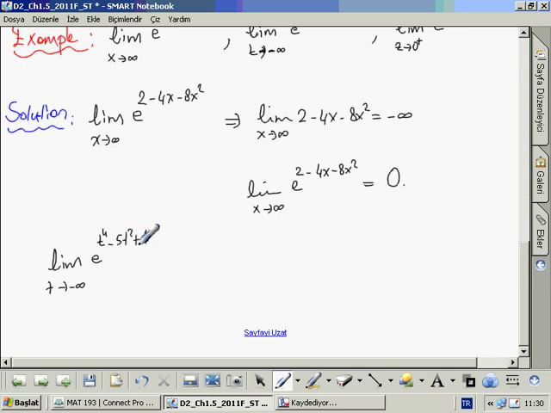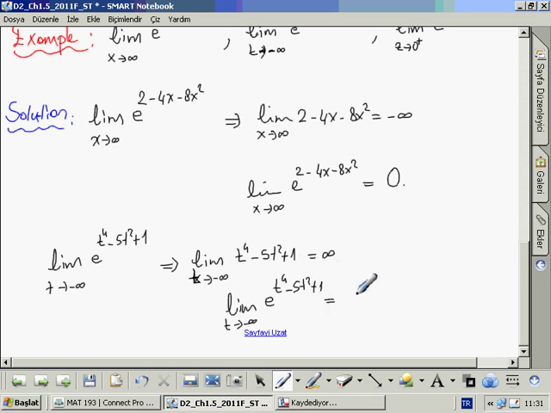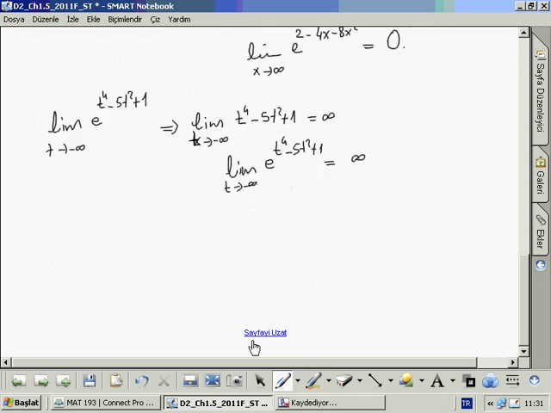The limit as t goes to minus infinity of t to the power of 4 minus 5t squared plus 1 will be plus infinity. After that, the limit as t goes to minus infinity of e to the power of t to the 4 minus 5t squared plus 1 is equal to plus infinity.